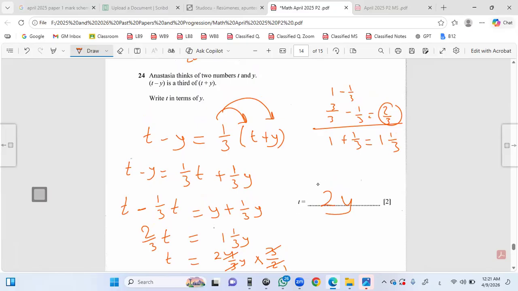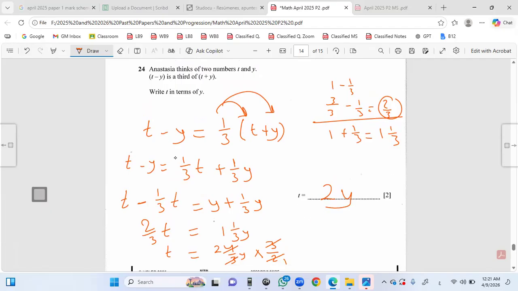So after the video, I'm also going to pay closer attention to that because I feel like there is a shortcut to this. But anyway, here, if you just do t minus y equals 1/3 of t plus y, you expand or you send this over there, we could have done this in a simpler way, yes.